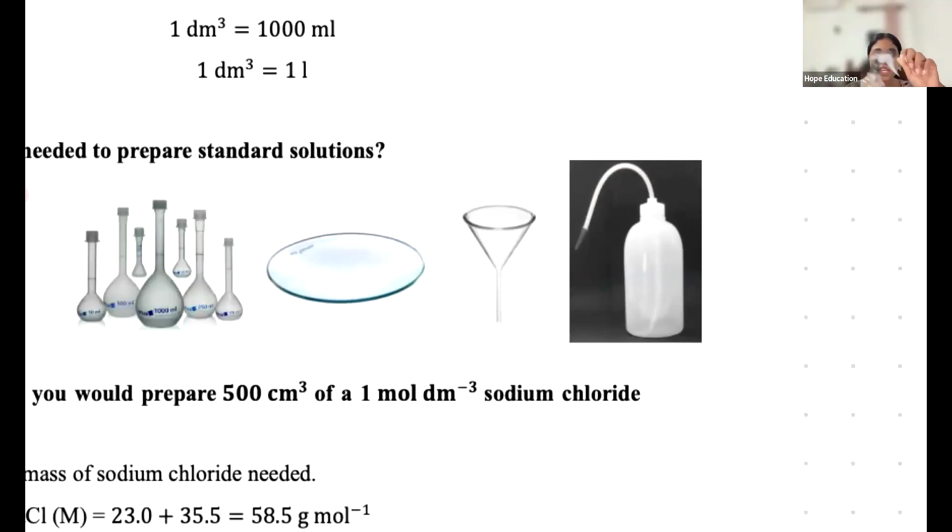It's not like this, but as the picture shows, what I want to show you is that when you squeeze the bottle, water comes out through that tube. If you squeeze a little, a little bit of water will come out. If you squeeze a lot, a lot of water will come out. Likewise, you can control how much water comes through the tube in the wash bottle by squeezing the bottle as much as you need. So that is a wash bottle.